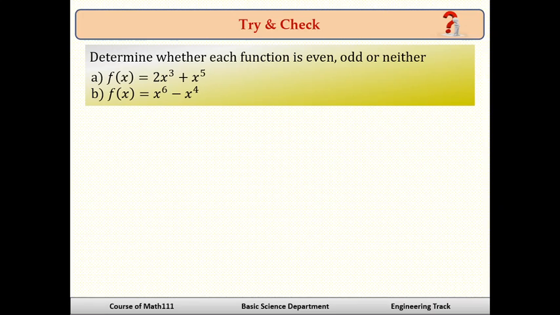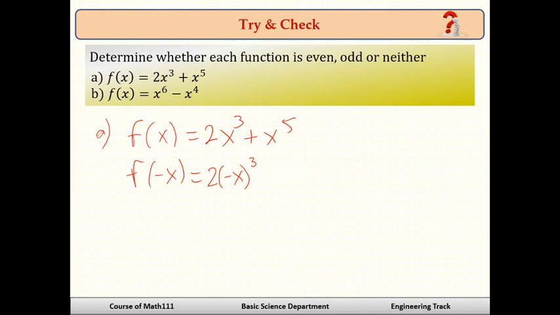Now let's determine whether each function is even, odd, or neither. We can check this one. Let's do this again. Please, you can stop the video here and try to do it by yourself. Then you can check your solution with mine. When you compare the solutions, f of minus x equal to 2 times minus x cubed plus minus x to the fifth, which makes 2 times minus x cubed and plus minus x to the fifth.